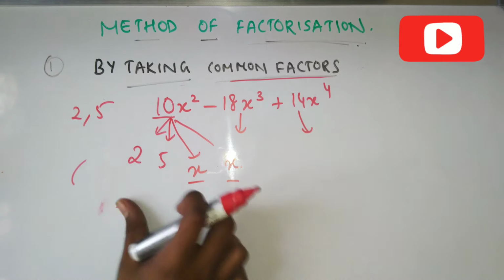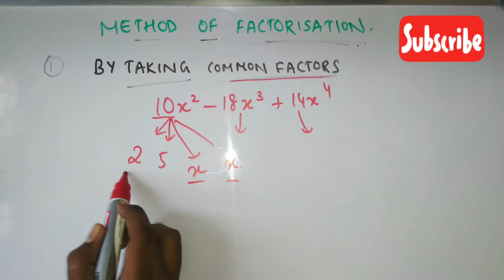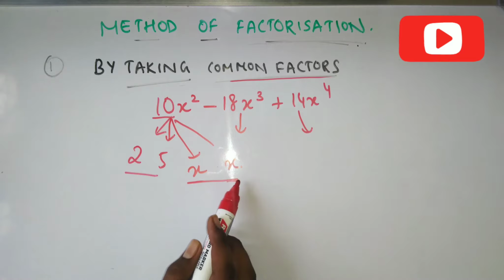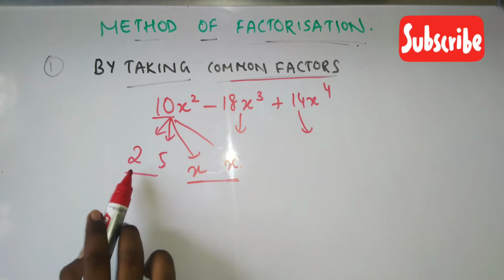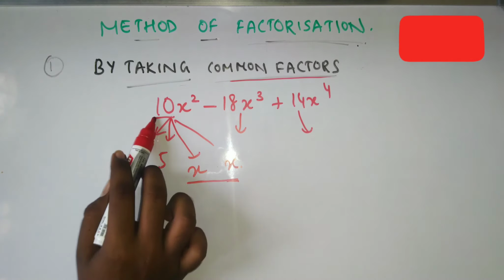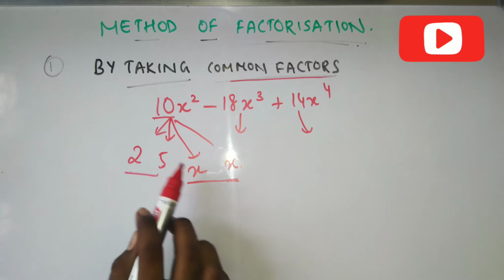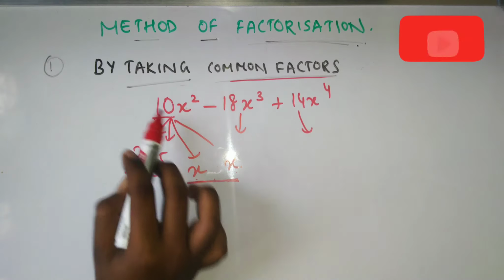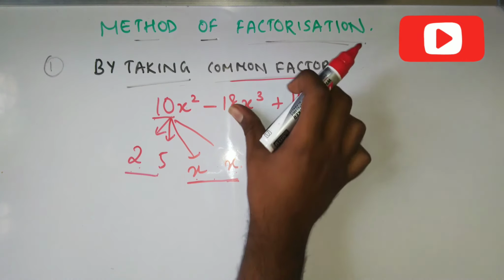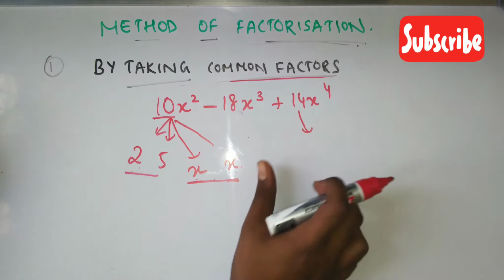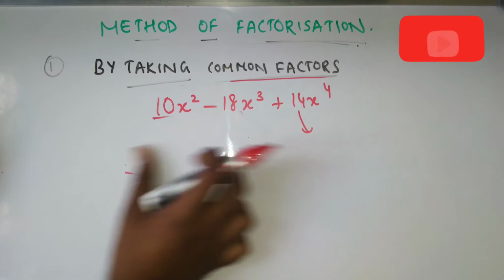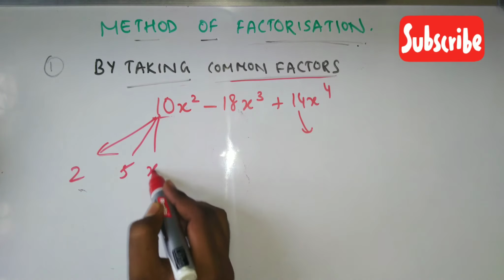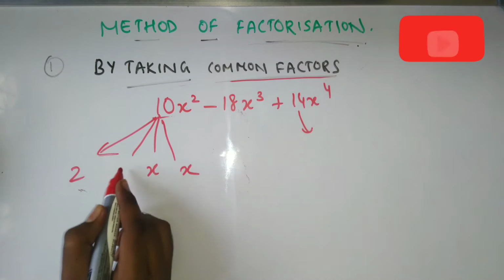Now if we multiply all the factors, I should get this term, right? 2 into 5 is 10, then x into x is x square, so 10 into x square is 10x square. Okay, we got it. So I'll just write it over here: 2, 5, x, x.